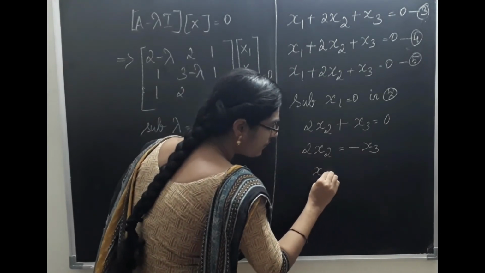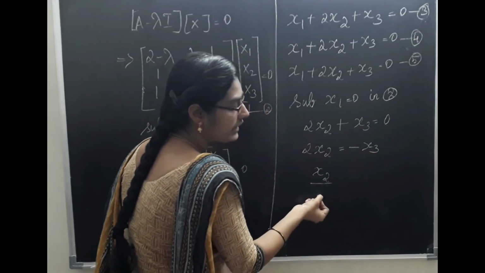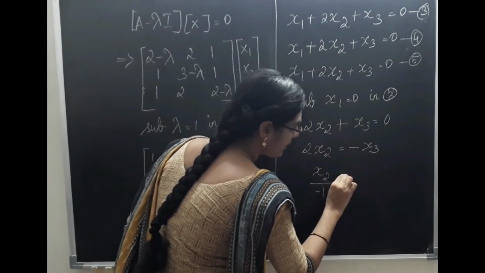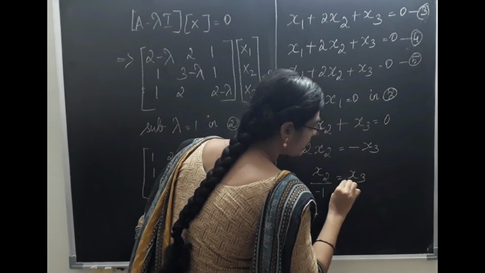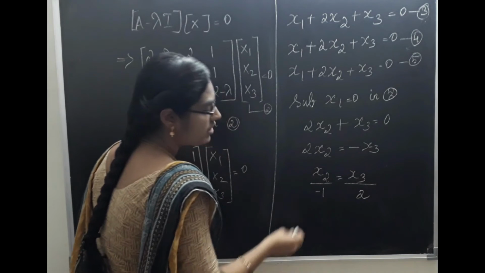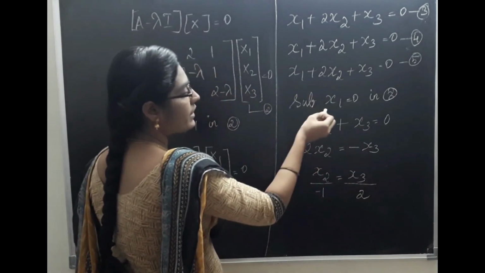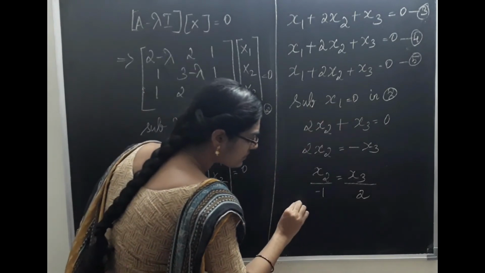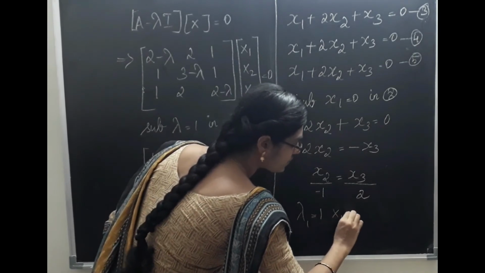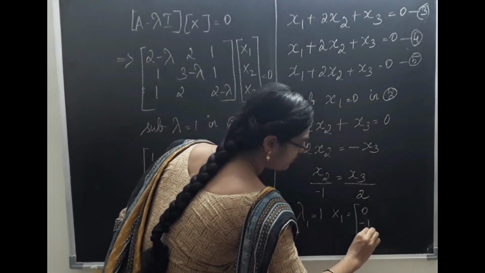So for x2 is minus 1 divided by... x2 divided by minus 1 equal to x3 divided by 2. So the value of x2 is minus 1, x3 is 2 and x1 is 0. So we can write for lambda 1 equal to 1, the eigenvector x1 equal to 0, minus 1, 2.